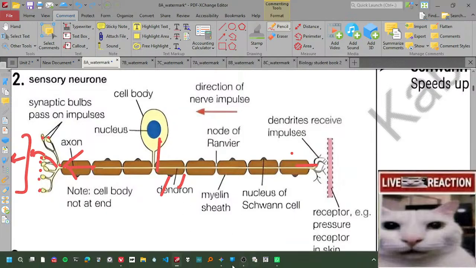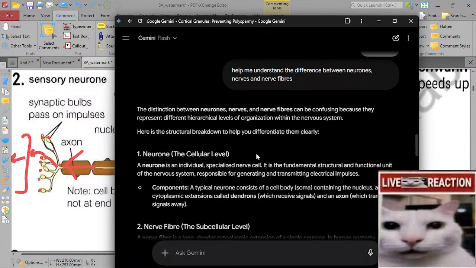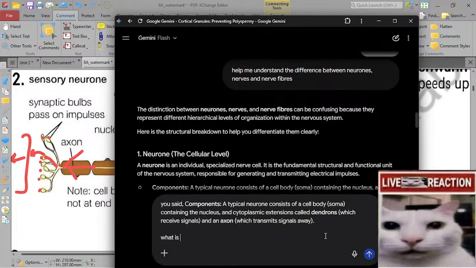So when we read here, let me see. You said, what is the difference between dendron and dendrite?